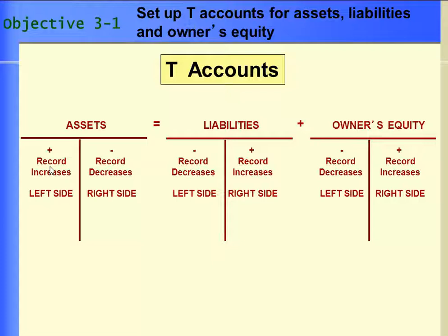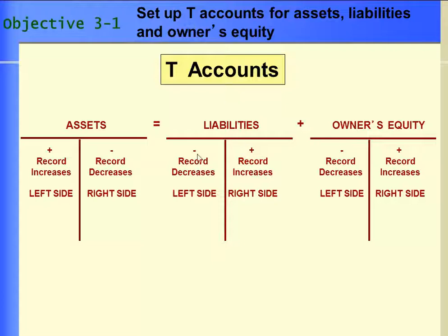So if we sold our services for cash, we would debit cash, which is an asset. We would debit the left side of the cash account. This is always the case with every single asset. If we want to decrease an asset, we report a credit. So debit's over here, credit's over here.